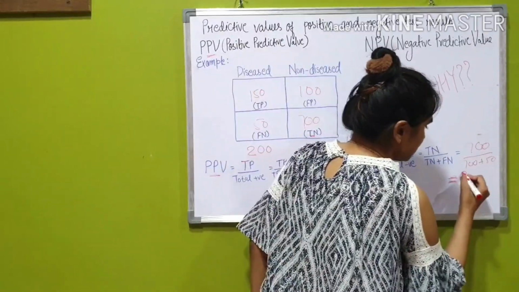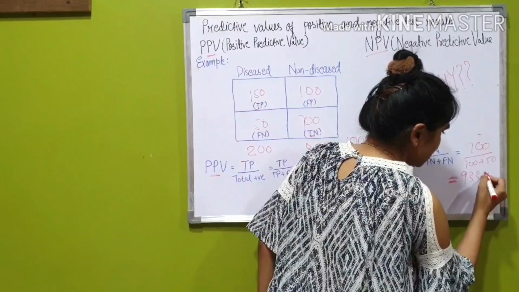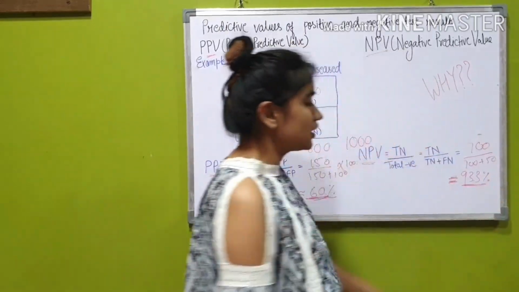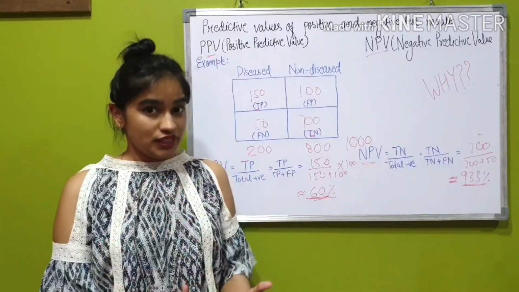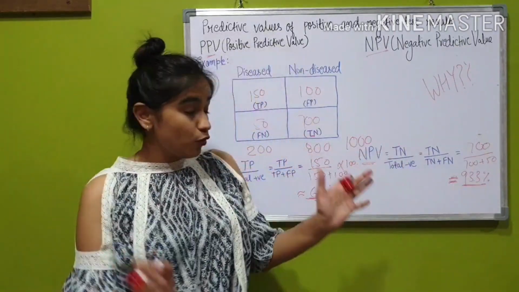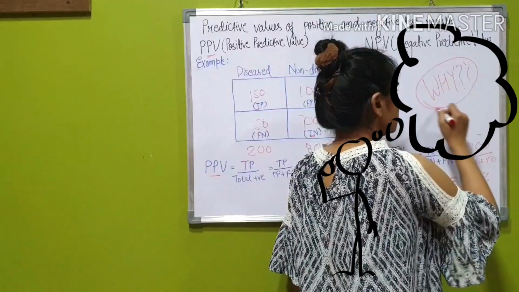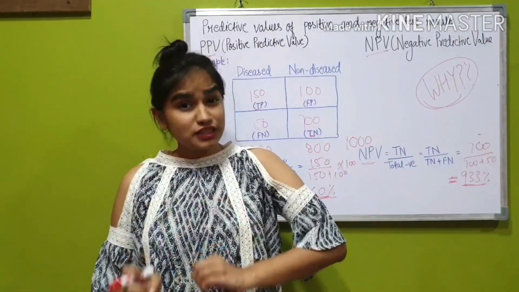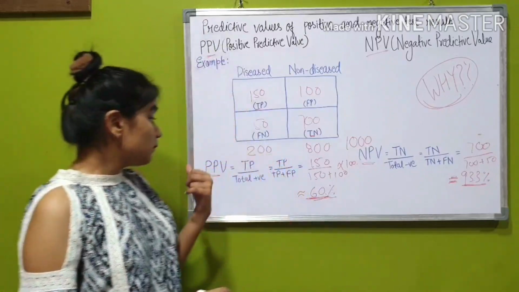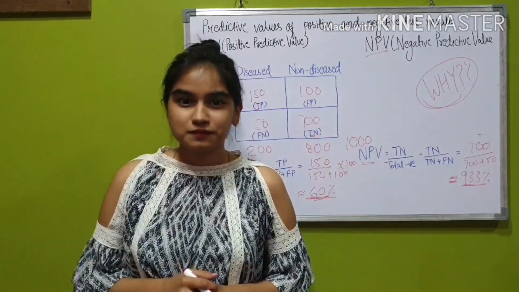So it comes out to be 93.3%. That means 93.3% of people tested negative were truly negative. So the big question over here is, why do we want to know that? It helps us to determine what's the probability of a disease given the positive and negative test results.